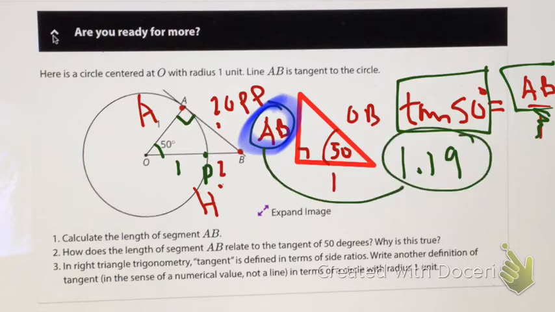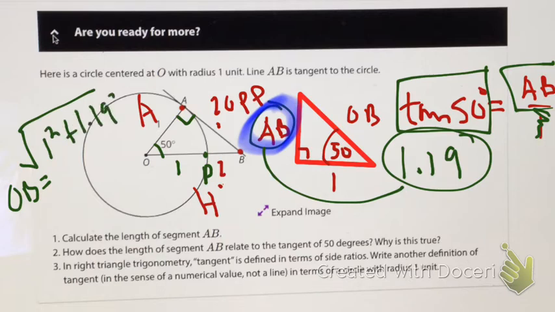How do we find OB, the longer side? Well, that's the Pythagorean theorem. So let's move on over here to the left and say that side OB should be equal to the square root of 1 squared plus 1.19 squared. That's using the Pythagorean theorem to find the hypotenuse when we know the two legs.